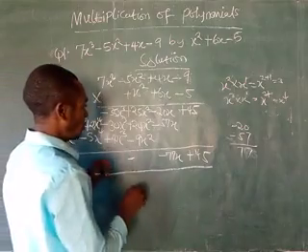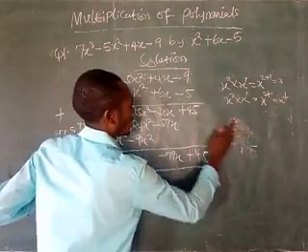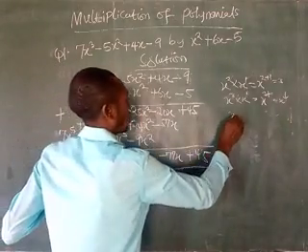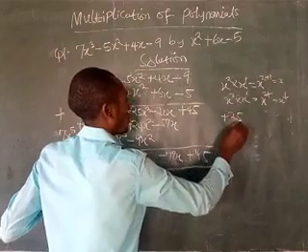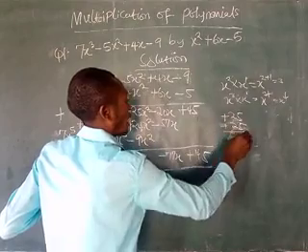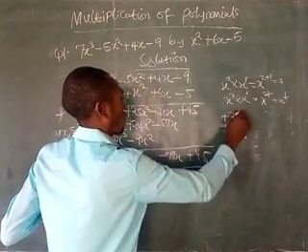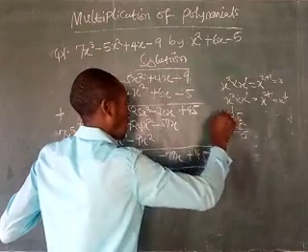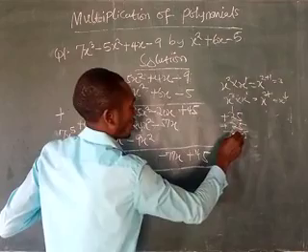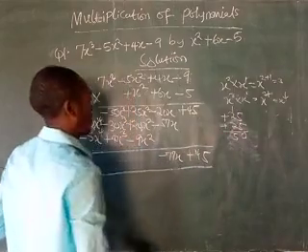Now let's look at it. 25 plus 25 plus 24. 5 plus 5 is 10, write 0, carry 1. 1 plus 2 is 3, 3 plus 2 is 5. So we have 50.